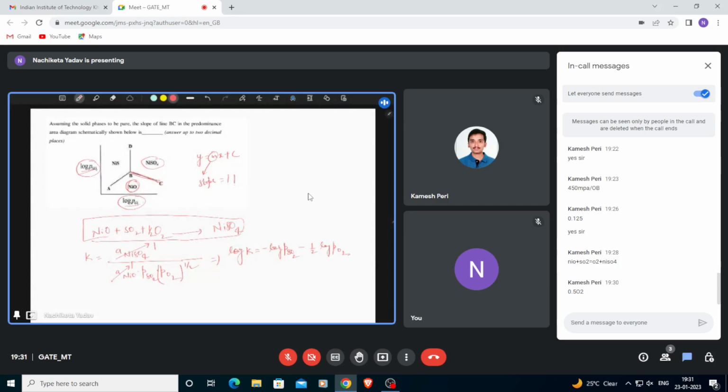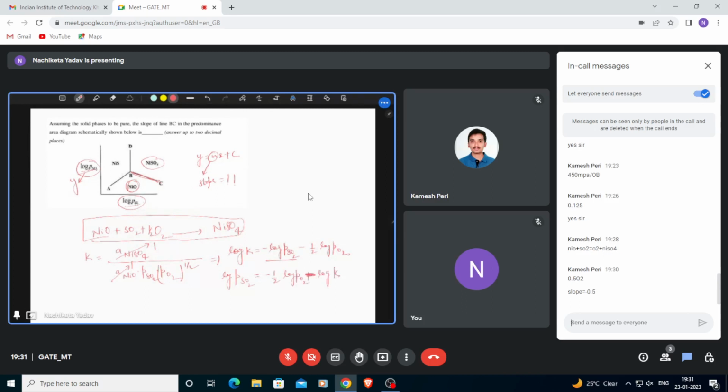So this is the y-axis, this is y. So log PSO2 will be equal to minus 1 by 2 log PO2 plus log K.